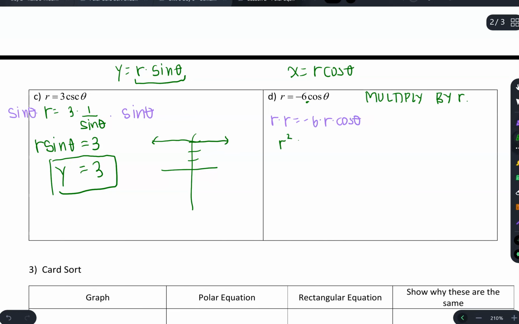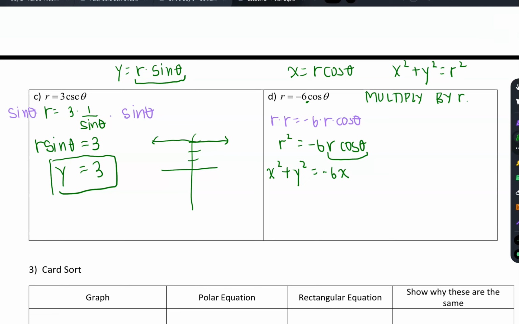R squared is the same thing as x squared plus y squared, so I could change that. So this will be x squared plus y squared. And then r times cosine is just x, so this will be negative 6x.